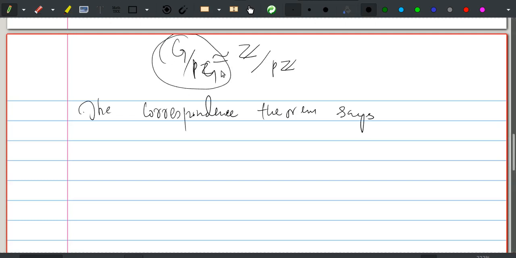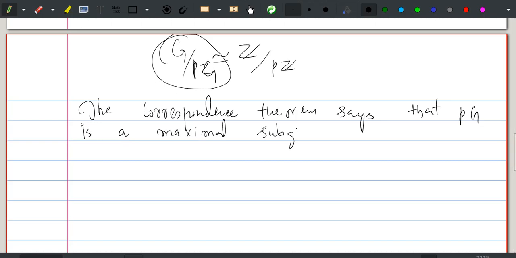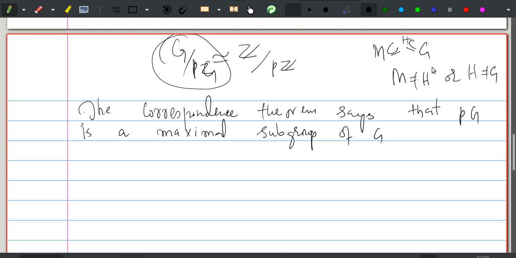Now if this is a field, then pG will be a maximal ideal in G. So the correspondence theorem says that this pG is a maximal subgroup of G. By a maximal subgroup M of G, we mean that whenever there is a subgroup H such that M is contained in H and H is contained in G, either M is equal to H or H is equal to G. In that case M is said to be maximal. So then pG is a maximal subgroup of G.